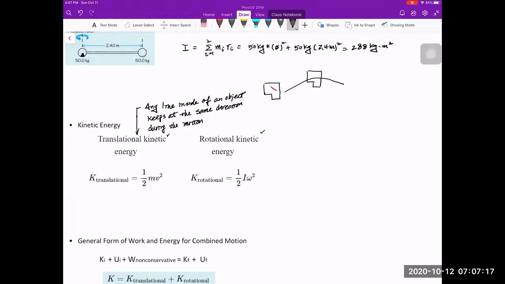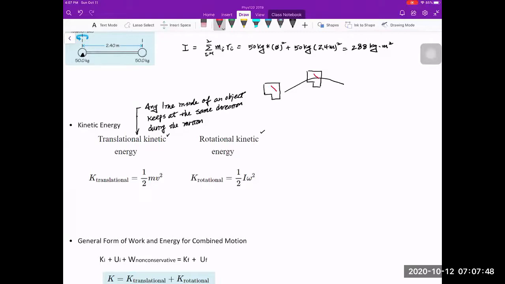This line is going to have the same direction during the motion. It doesn't change. If this object rotates, then this line will change its direction. Because we don't change the direction of this line, that simply tells you this is a translational motion.